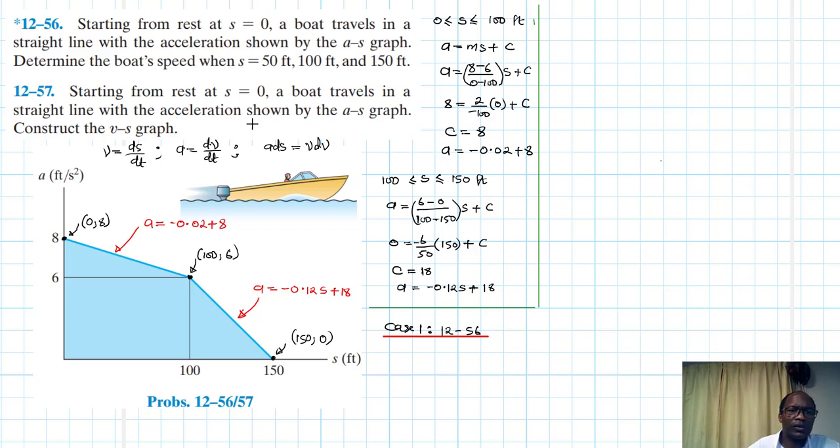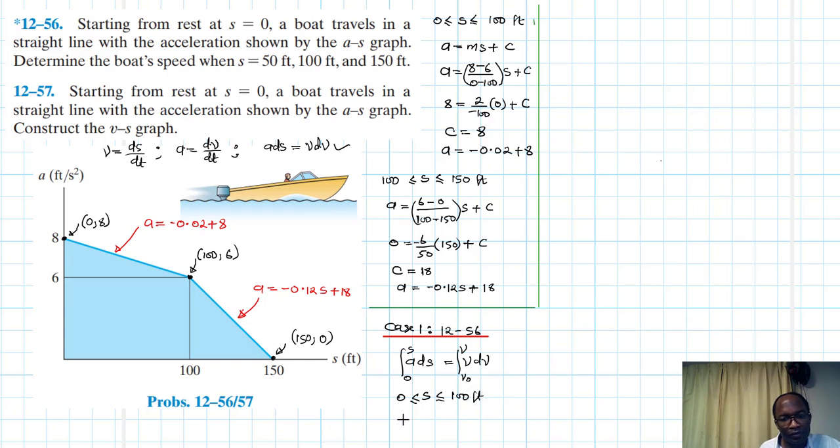So what I'll do is use this equation: a ds = v dv, integrating s from 0 to s, and then v from v naught to v. I'm dealing with acceleration in the first interval, which is from s = 0, not t, to 100 feet.